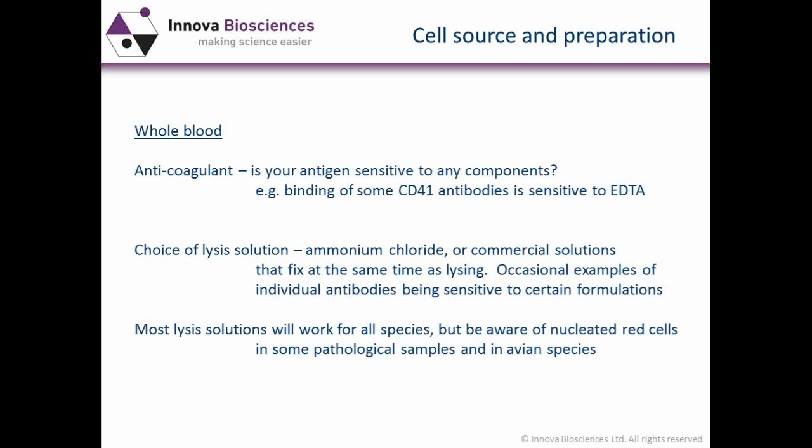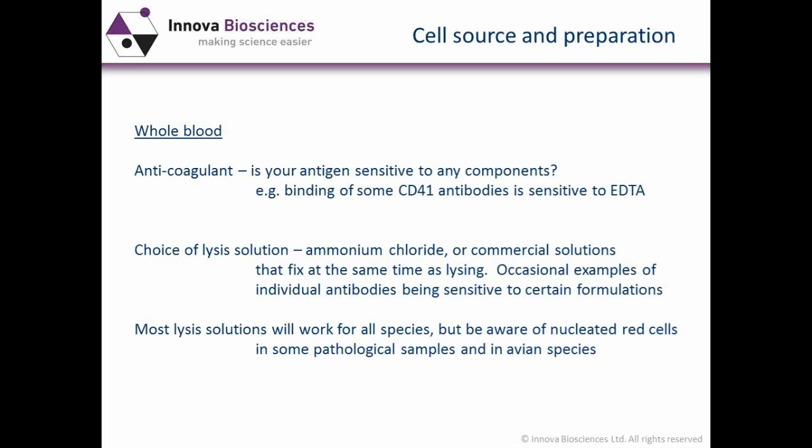Once again, be aware that certain formulations just occasionally cause problems with individual antibodies, and you need to be aware of that and look for manufacturers' recommendations. If you're using an antibody from a particular manufacturer and a lysing solution from them, you should be quite confident. But if you're mixing things up and you get strange results, it's always worth just double checking that the antibody is compatible with that lysis solution.